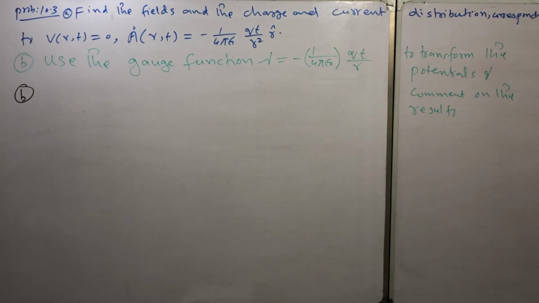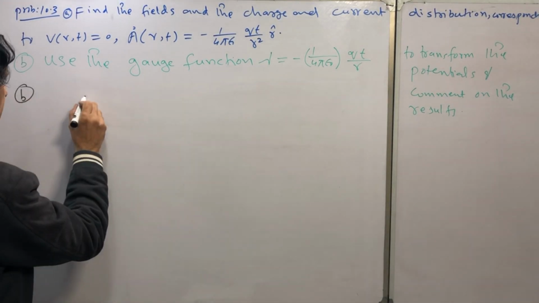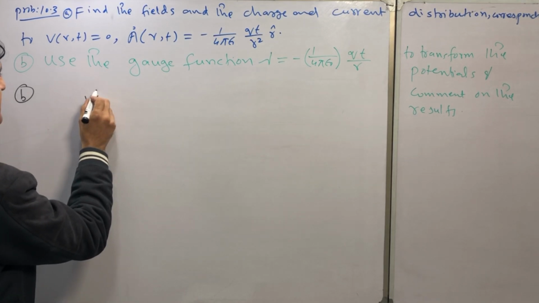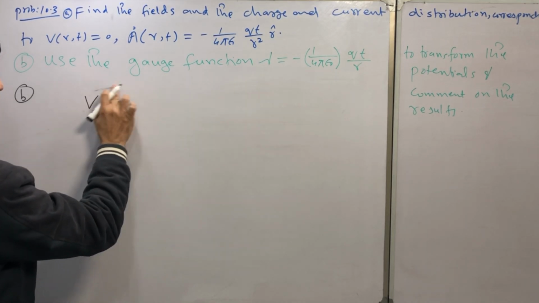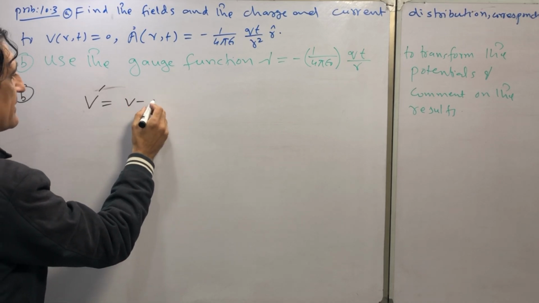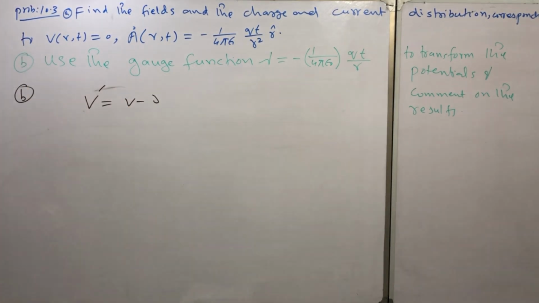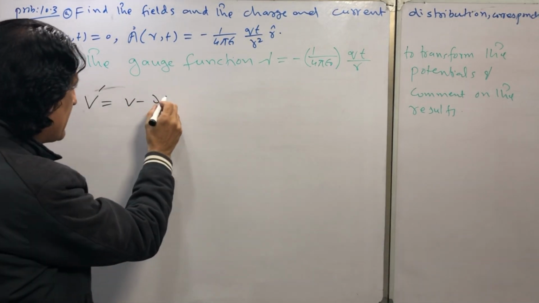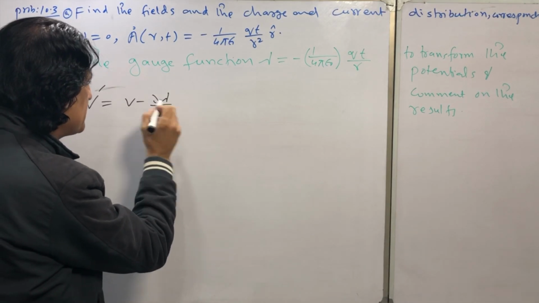Solution of B. As we know, by the gauge transformation, V prime is equal to V minus partial lambda divided by partial t.